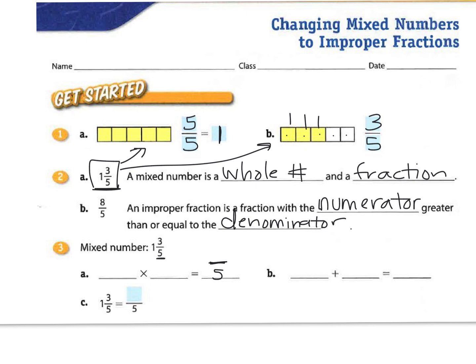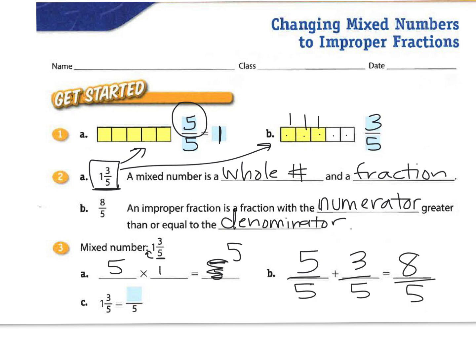But remember, we had 5/5 for 1 whole. So what you would do is 5, the denominator, times 1 equals 5. Sorry, I should have just written this as 5. So 5 times 1 is 5. So then you have 5/5 plus 3/5 equals 8/5.